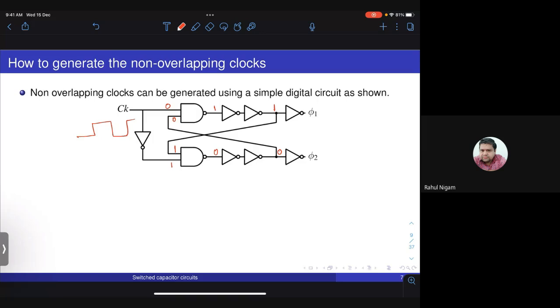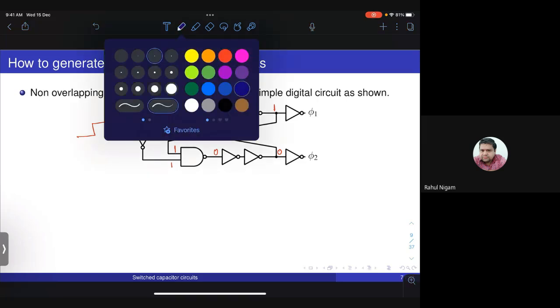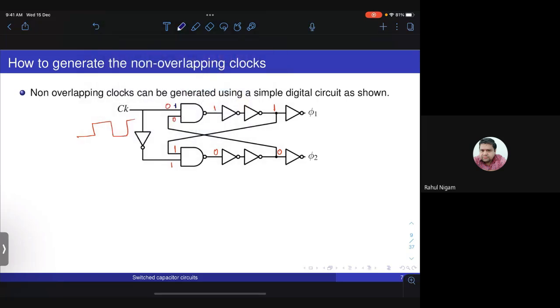When the clock goes from 0 to 1, this output doesn't change immediately. So this remains at the same state, whereas this signal here goes to 0. Therefore, this signal goes to 1, and after some time, this signal goes to 1.